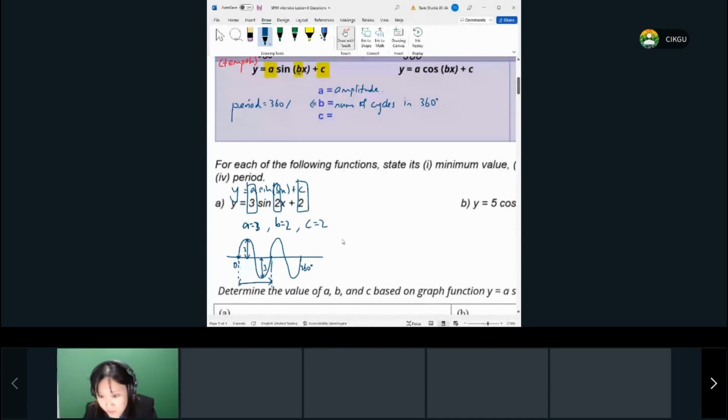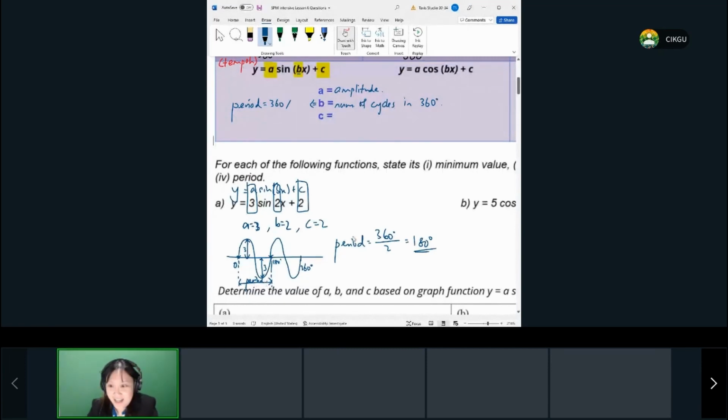So 360 divided by 2 cycles, you can find out one cycle takes 180 degrees. That means here, one cycle, 180 degrees. Done. So this one is my period.